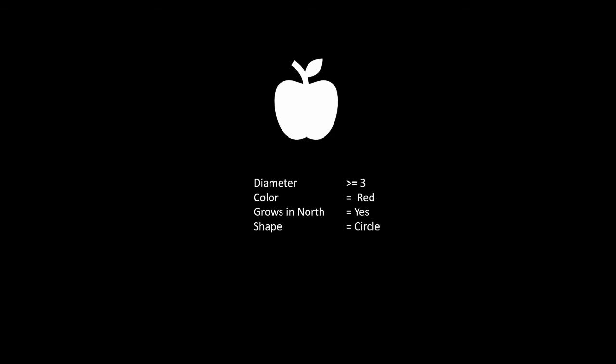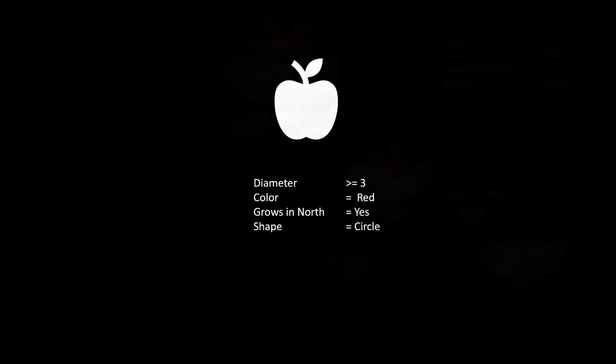These are the conditions for an apple, but we're trying to predict if it is an apple. Is it red? Is it grown in the north? And is the shape a circle? These are all the conditions that we're going to compare this thing to and determine whether or not it's an apple.